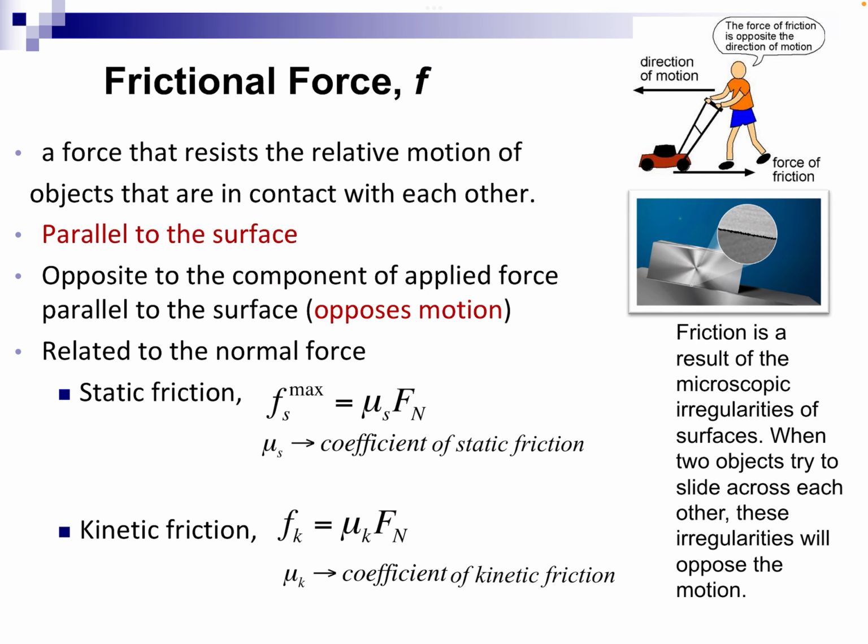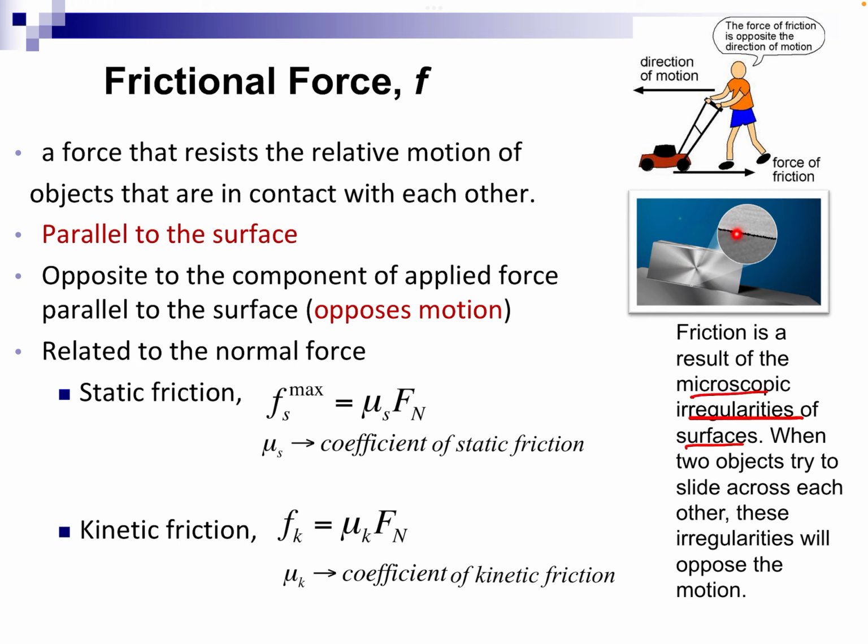The next force is called the frictional force. It's the force that resists the relative motion of objects that are in contact with each other. As you can see in this figure here, frictional force is a result of the microscopic irregularities of the surface, right?